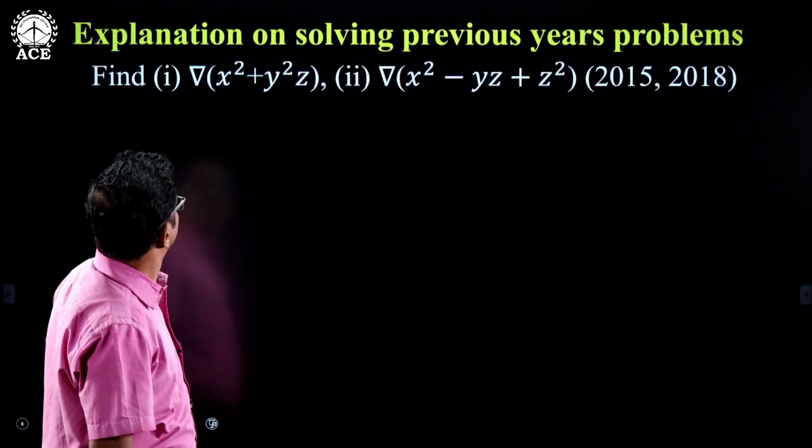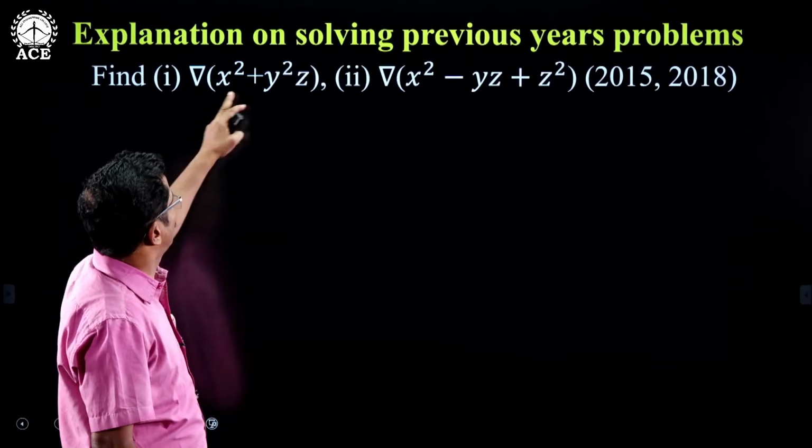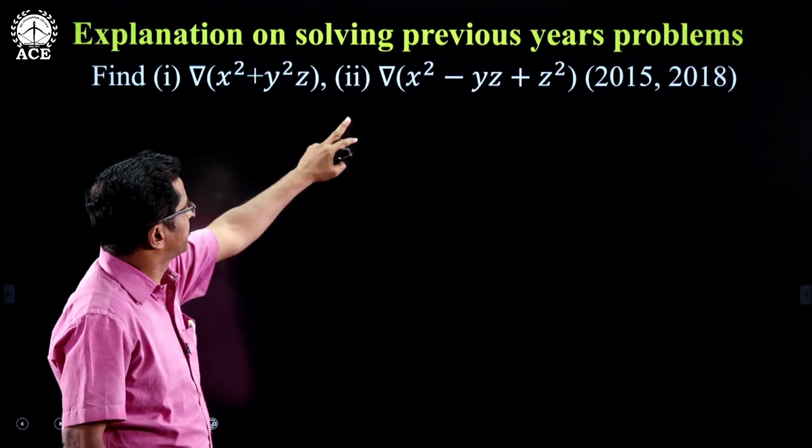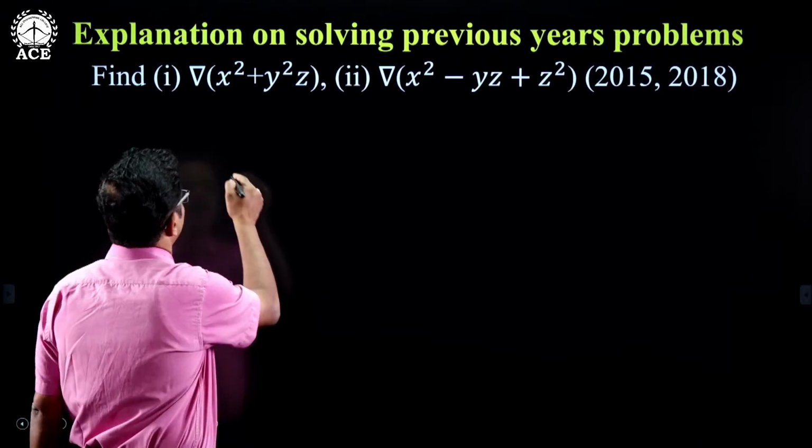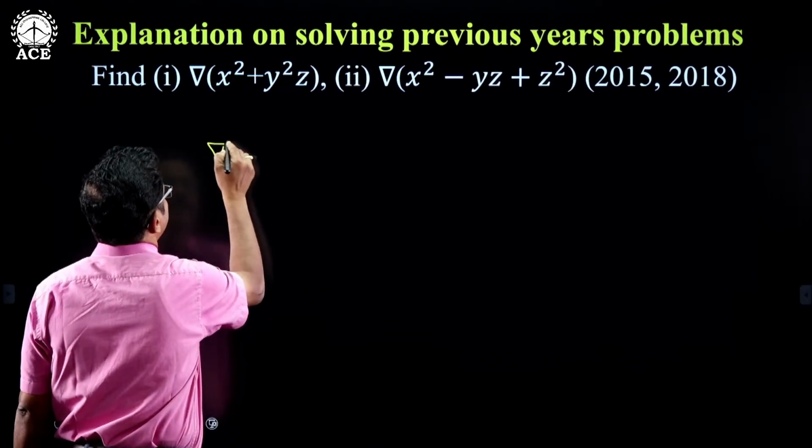Next, find del of x square plus y square z, and second one is del of x square minus yz plus z square. Now I am going to evaluate; del is nothing but a gradient.